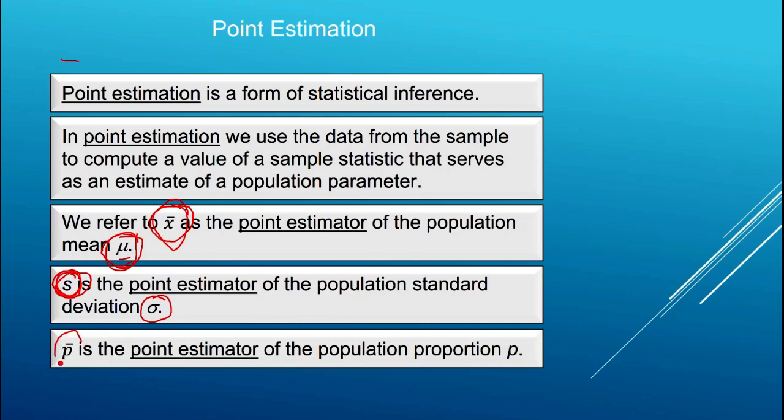Same thing for P bar, our sample estimate of a population proportion. That's a point estimator. It's a random variable. It's our best estimator of the population proportion, P, the true population proportion that shares some characteristic. But P is not a random variable, but P bar is its estimator.